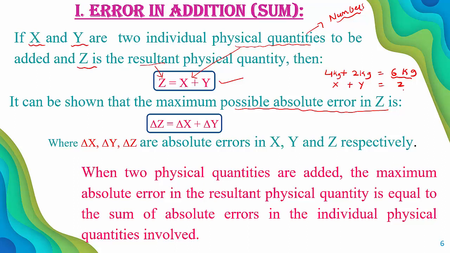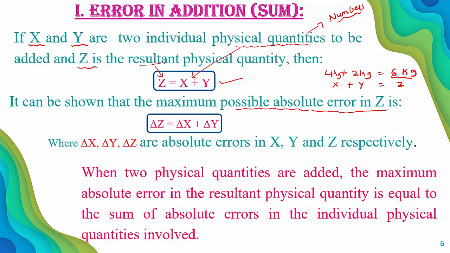In addition, that error is given by the equation delta z equal to delta x plus delta y. What is the equation? Delta z equal to delta x plus delta y. Using this equation, we can find the maximum possible error.